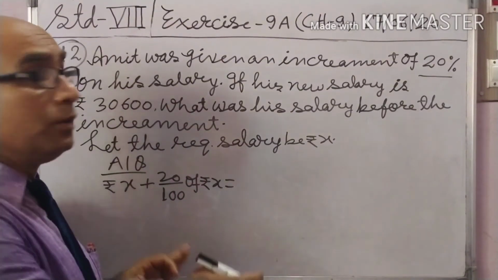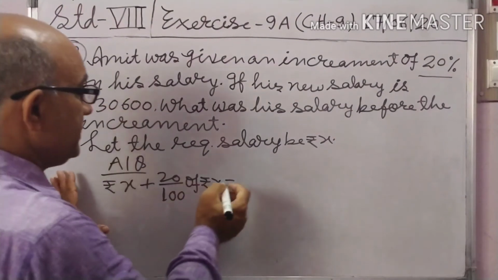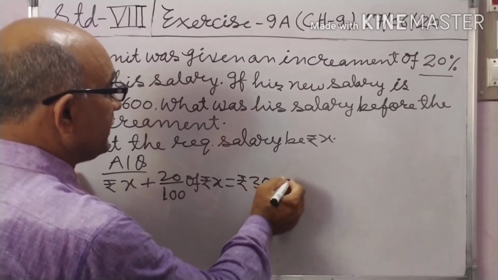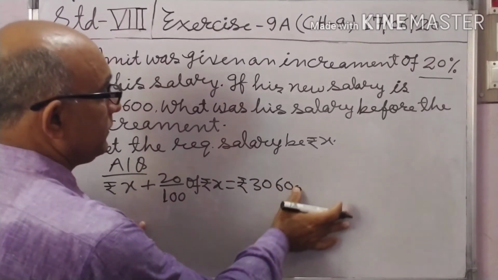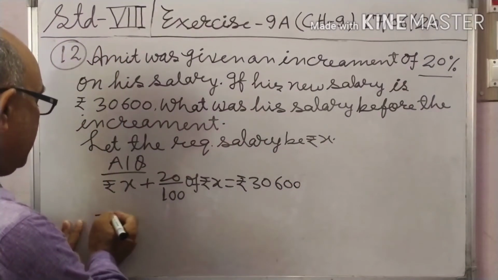The salary before the increment is changed into the new salary. So the given new salary is rupees 30,600. That implies, solve it.